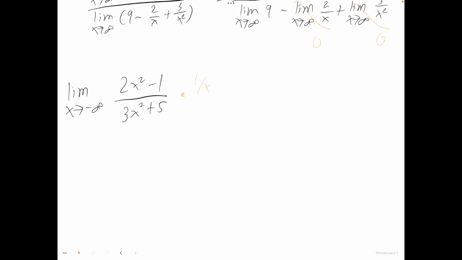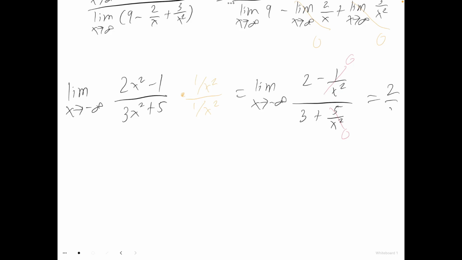Multiply the top and the bottom by 1 over x squared again, because x squared is still the highest power on the top and the bottom. So we have the limit as x goes to negative infinity of 2 minus 1 over x squared divided by 3 plus 5 over x squared. Now this goes to 0 and this goes to 0. And so in the limit, we're left with 2/3.